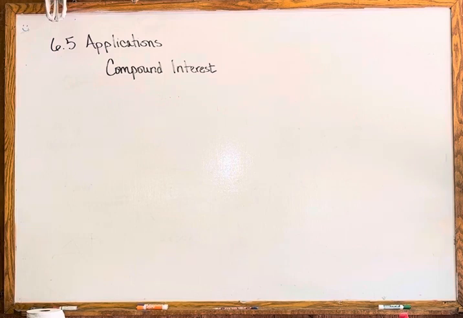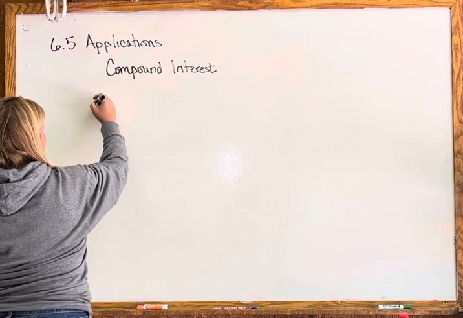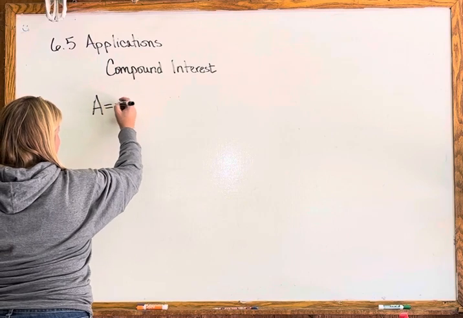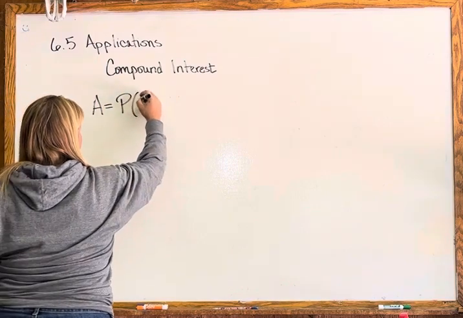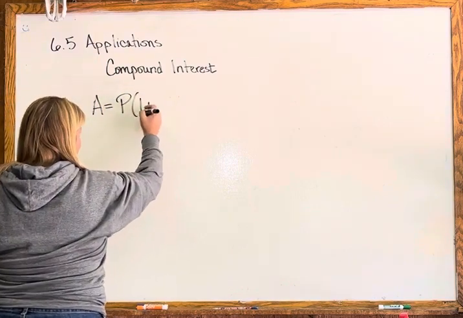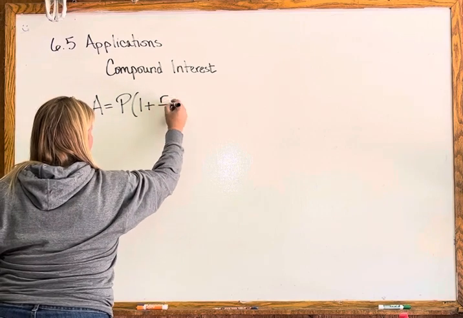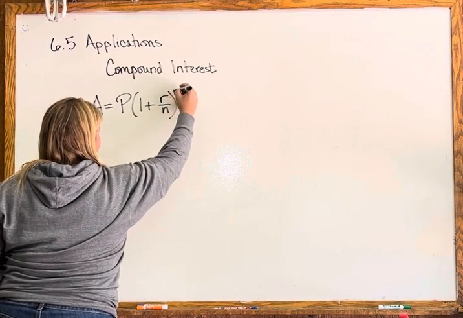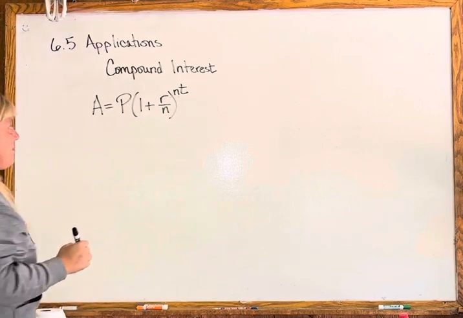Now there are two types of compound interest. The first type is just regular compound interest, so what we've got here. And the formula for compound interest looks like this. A equals P times (1 plus R over N) to the NT power.